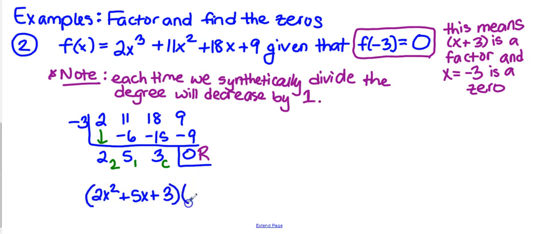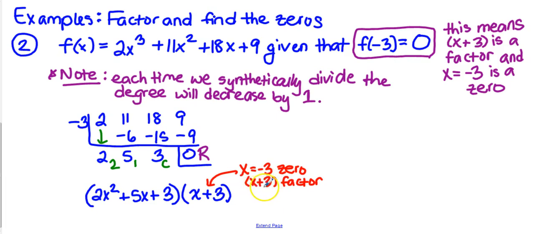And we don't want to lose track of what the original factor was. My original factor was x plus 3. Just a quick reminder, if x equals negative 3 is the 0, x plus 3 is the factor that comes from it, right? If I set x plus 3 equal to 0, I would get negative 3 as a result.